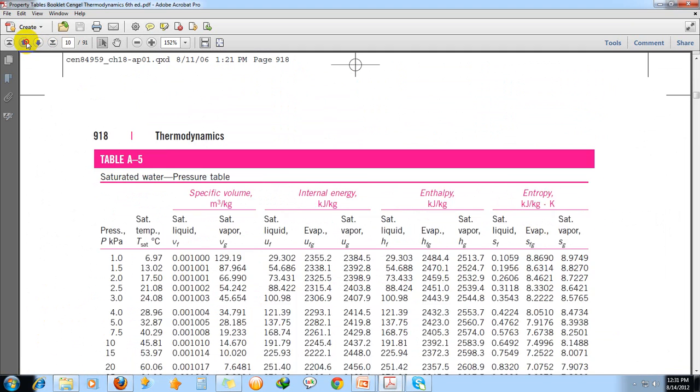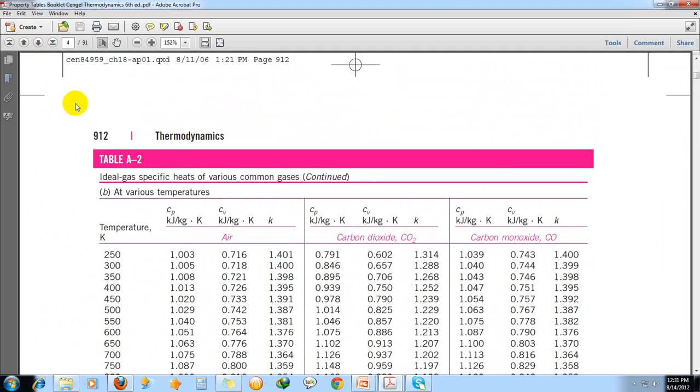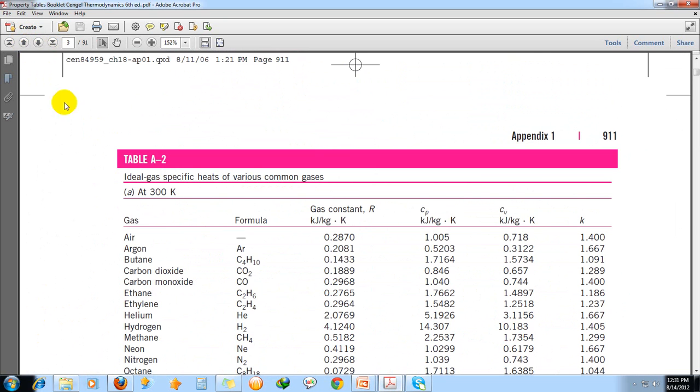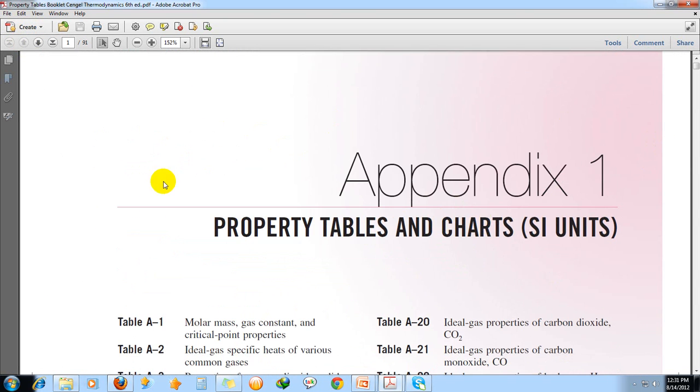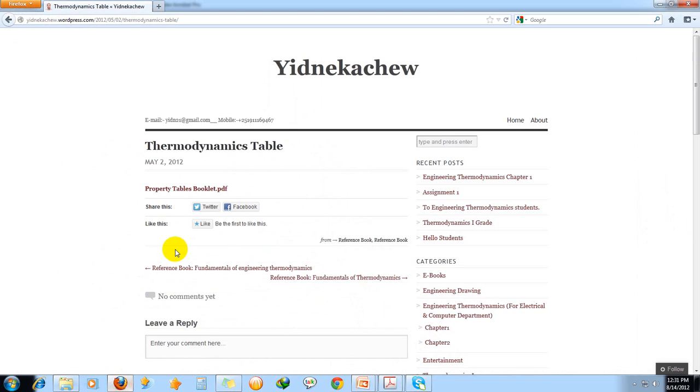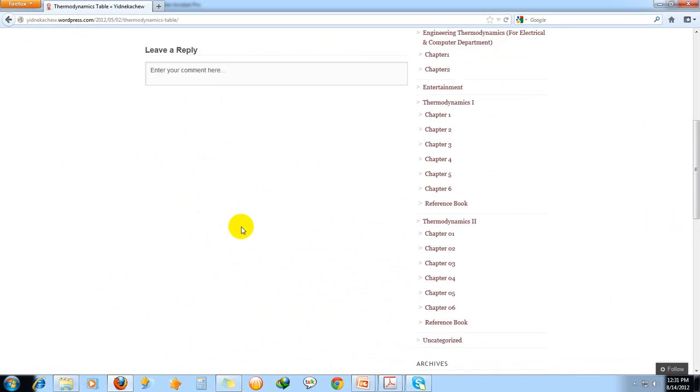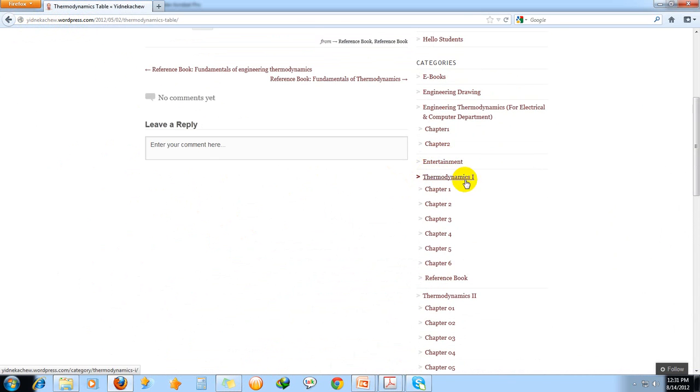For water, we can read R from a table. You can get this table from any thermodynamics book appendix, or from the webpage junakacho.wordpress.com under the thermodynamics category. Go to the reference book.